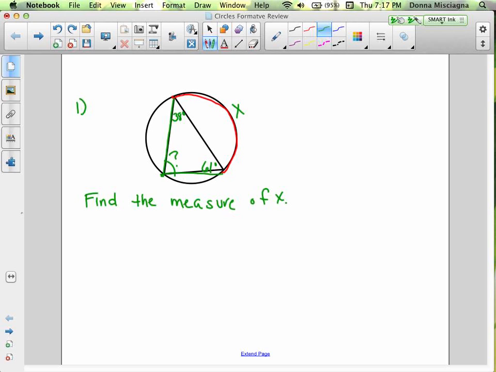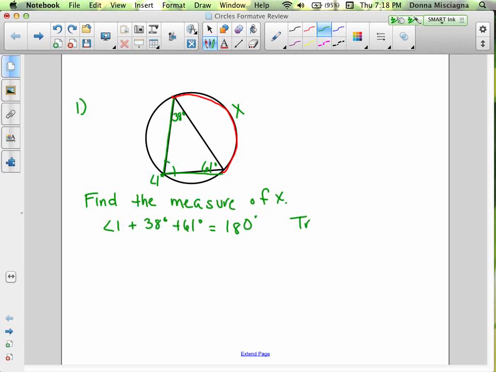Well, if you notice, that angle is part of a triangle. All right, let's call it angle 1. Actually maybe I'll write it over here. Angle 1. Together, angle 1 plus 38 degrees plus 61 degrees equals 180 degrees.